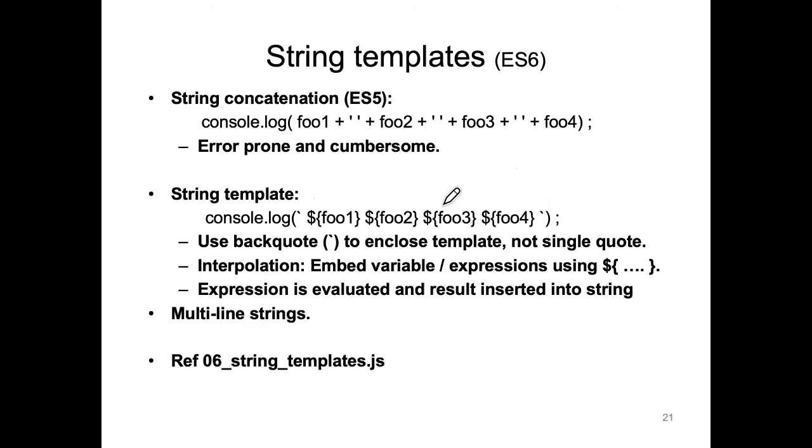What happens at runtime with this string template is that when the runtime finds dollar curly brace, close curly brace, it evaluates what's inside the curly brace. And the result of that evaluation is included in the overall string. So in this case, it's evaluating foo1, foo2, foo3, and foo4.